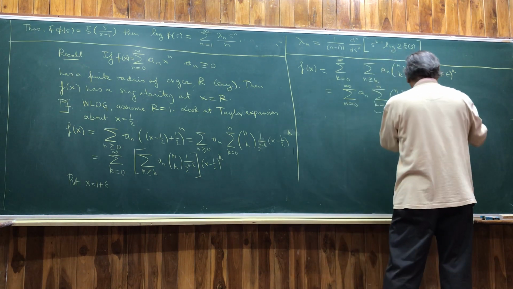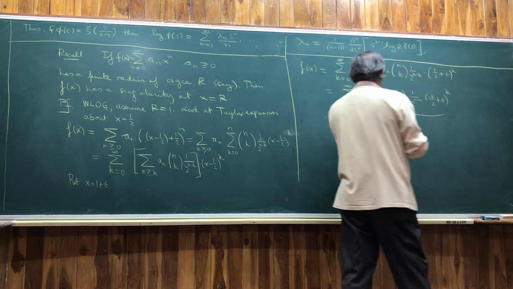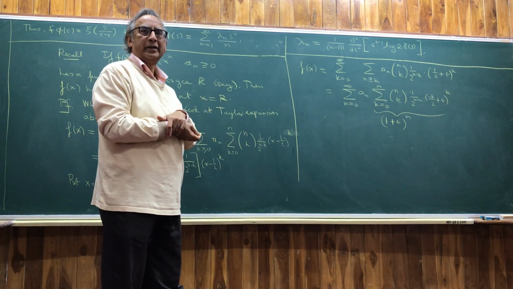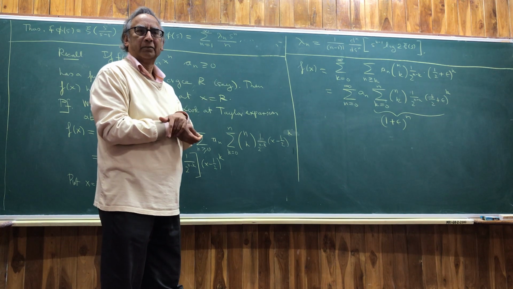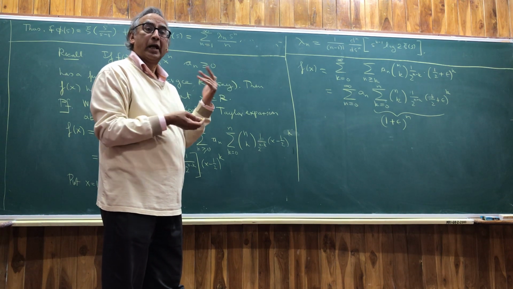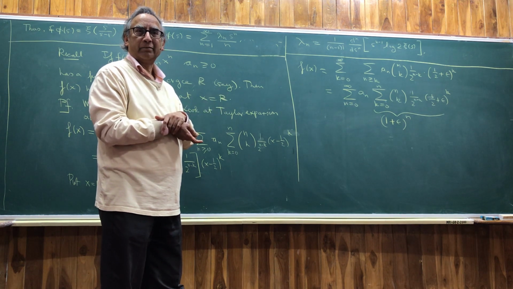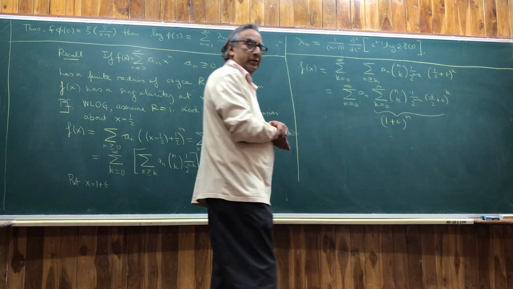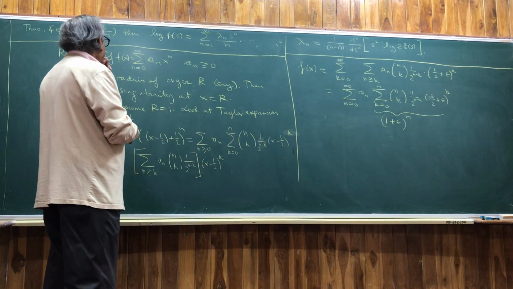So this is nothing but 1 plus epsilon to the power n, and therefore the sum of a sub n times 1 plus epsilon to the power n converges. Therefore the radius of convergence is not 1, it's bigger. That's the proof. It's the same proof as classical Landau for Dirichlet series that many of you might be familiar with. This is a power series version of the same thing.